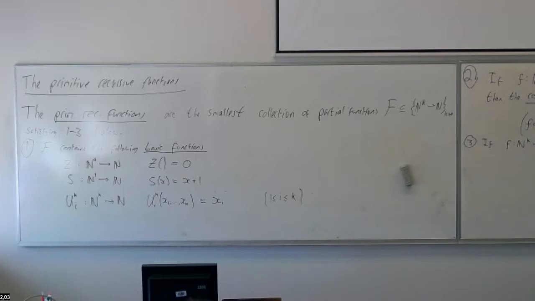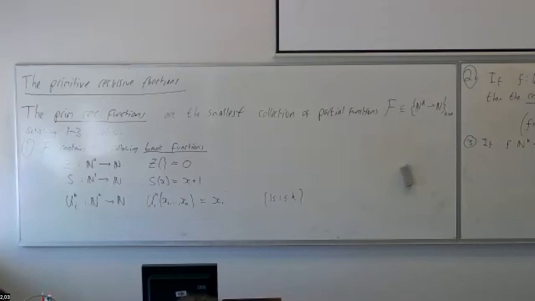We need to give it k plus 2 arguments. So we apply g to x1 through to xk. The k plus 1th argument is the number we're calculating the recursive function on minus 1, so that's just x.